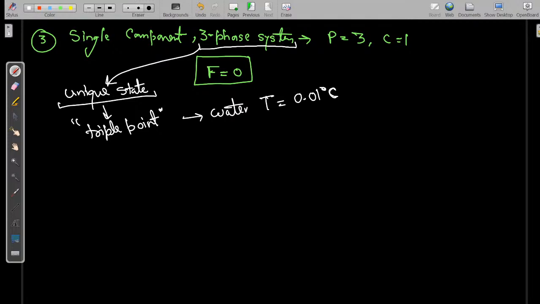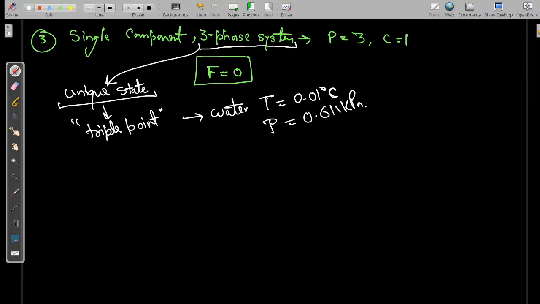So these properties are already fixed. The moment I am saying the triple point properties of water, these properties are already fixed. That's why you don't need any property to define the system.